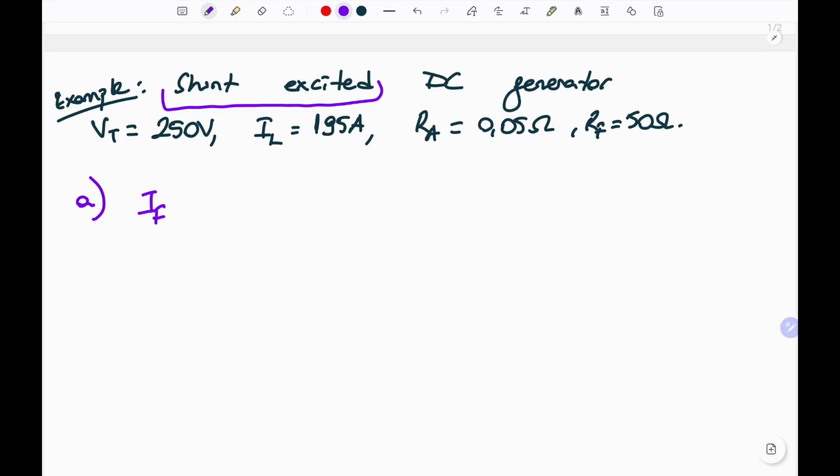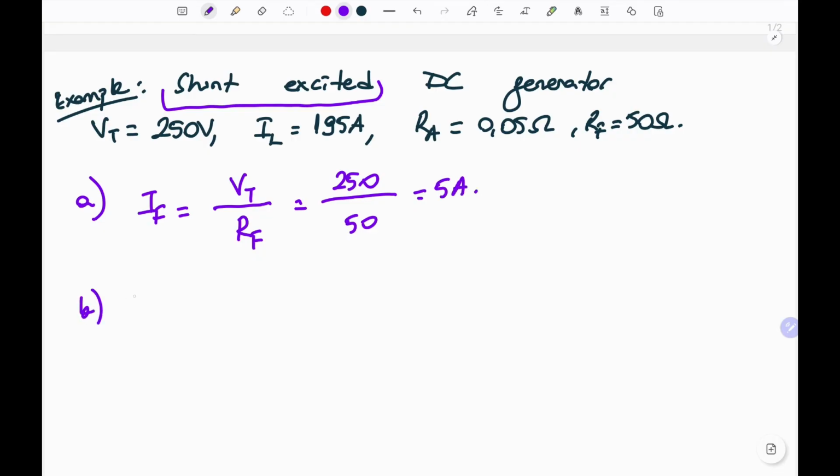In the shunt excitation, for the field current calculation, we must use VT because it will be parallel connected with the field circuit also. So the voltage divided by the resistance, 250 according to given values and 50 ohms, will be 5 amperes.